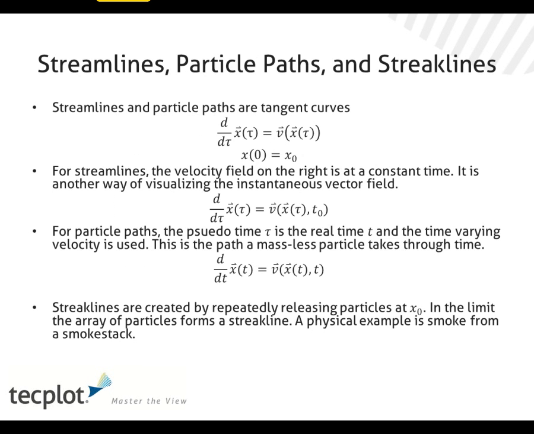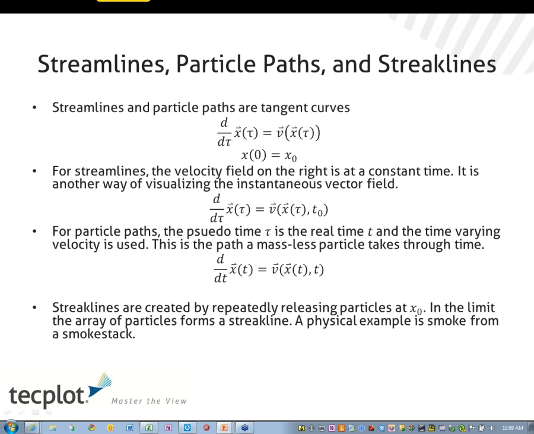Wow, here we go. I'm not going to go through all the details of this, but let me just summarize by saying that streamlines, streaklines, and particle paths for that matter, are all tangent curves, in that what they're tangent to is different.